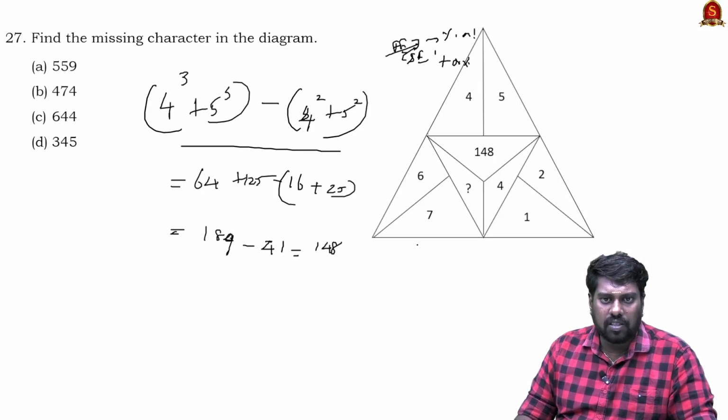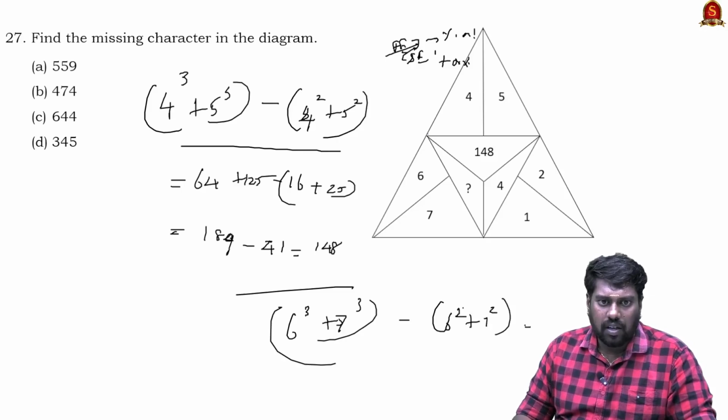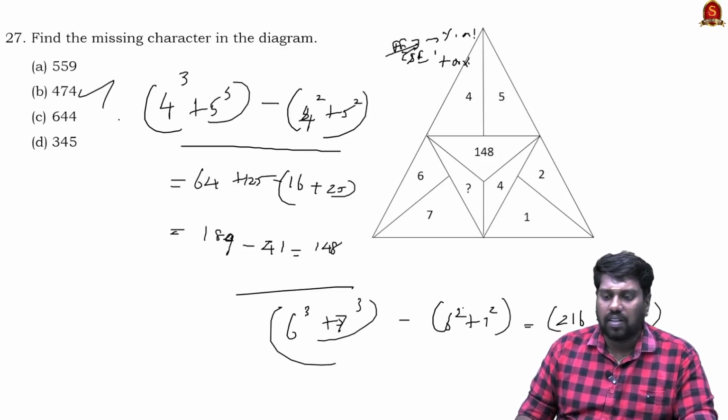For this particular option, the pattern follows the same: 6 cube plus 7 cube minus 6 square plus 7 square. 6 cube is 216, 7 cube is 343, minus 6 square is 36, plus 49. If you work it out properly, you will get 474. In this model of question, it is just identifying the pattern, fast increase or slow increase, or fast decrease or slow decrease. Okay, next question.